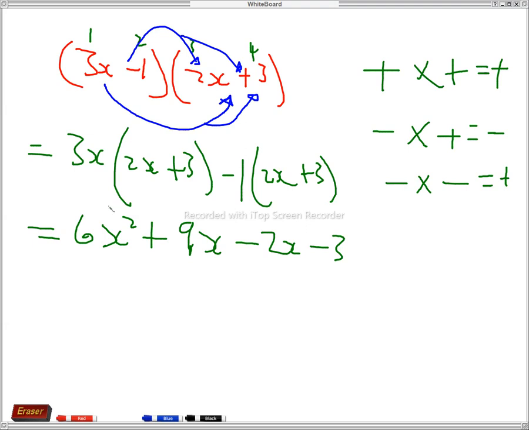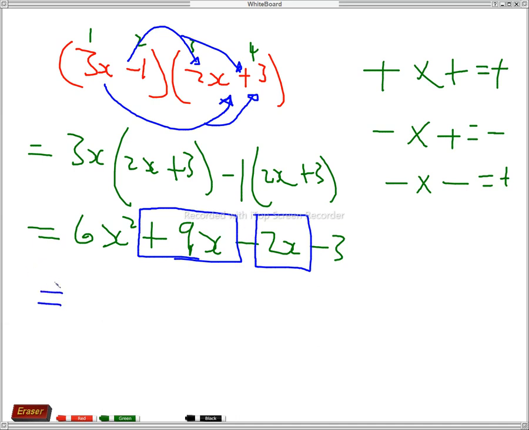What I'm going to do from now is add the like terms. The like terms are these ones here that I'm marking with a blue marker. You add these like terms, or you subtract them. It's up to you, depending on the sign, you understand?